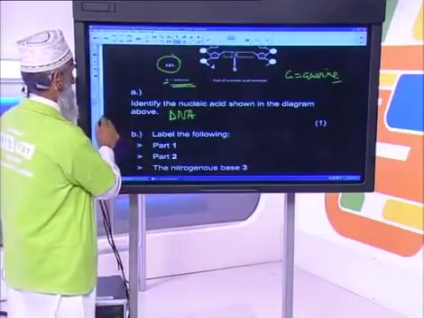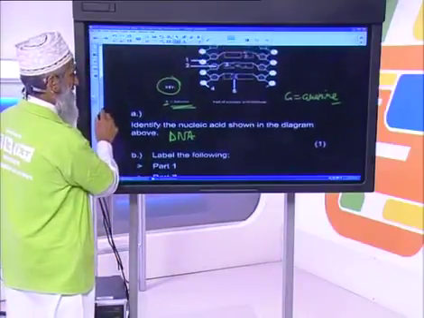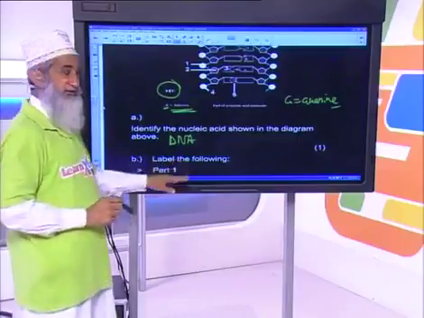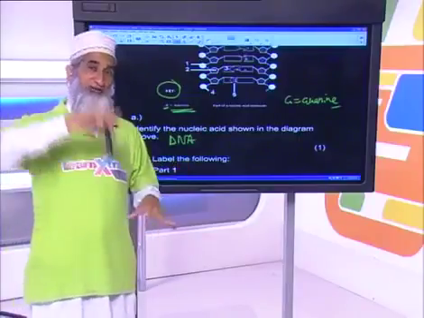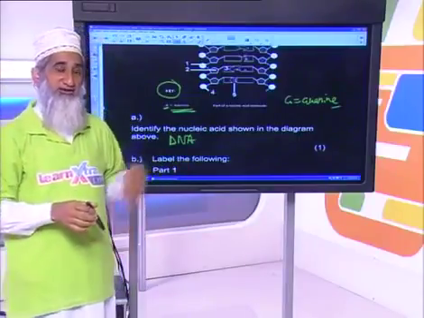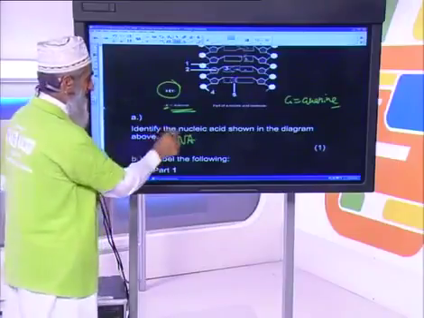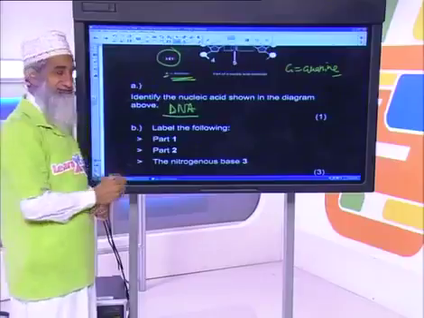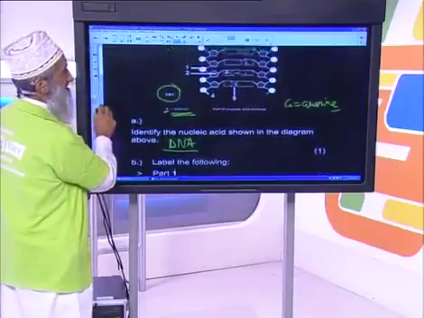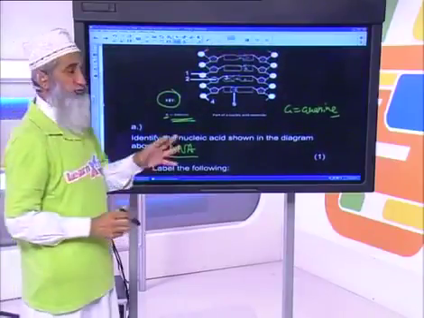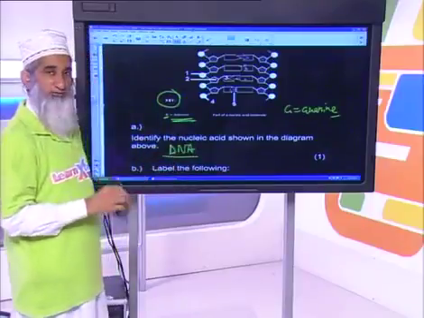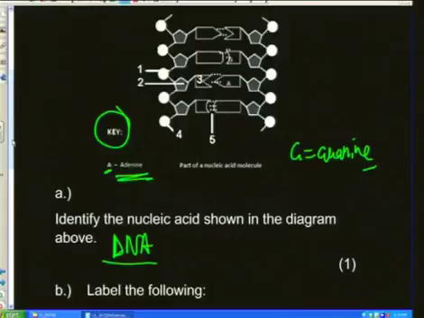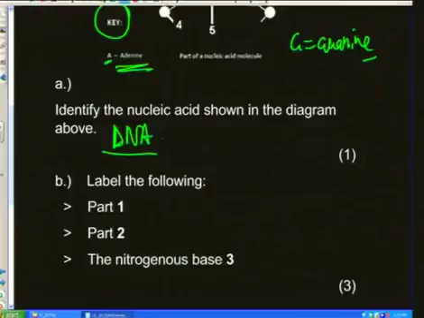Now, I can ask you another question before we even look at the next question here. After you've learned both molecules, another question may ask you, give a reason for your answer. In other words, why are you saying that this is DNA? In this particular diagram, there's only one proof at the moment, and that is that it has 2 strands, so it's double-stranded.